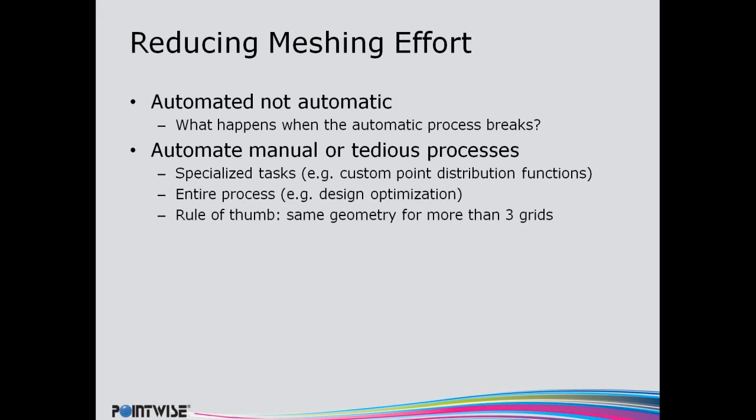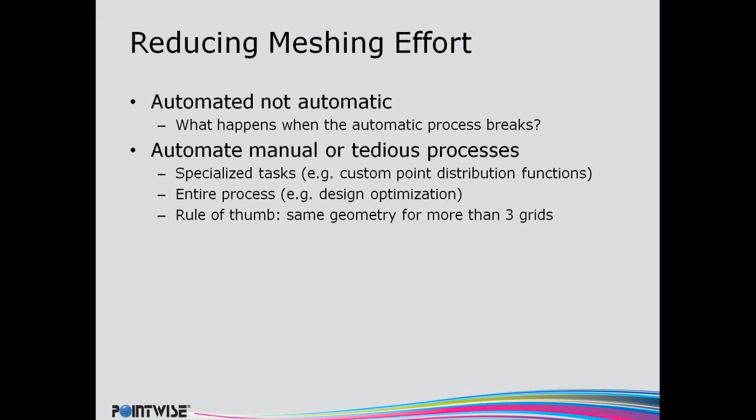Or maybe you've developed some particular process that's specialized to your company and the application you work on. And then at the other end of the spectrum is automating the entire mesh generation process. An obvious example of that is in a design optimization loop, where the CFD solver and the optimization software are driving the parameter input for the actual mesh generation itself.